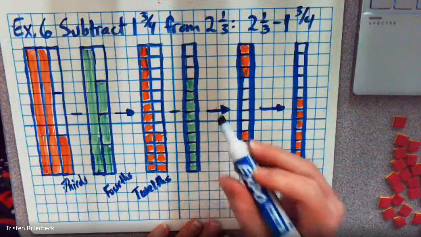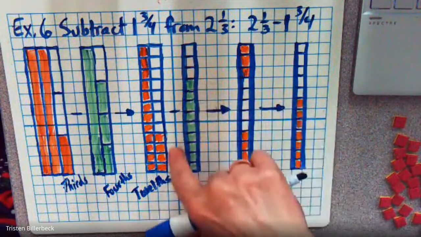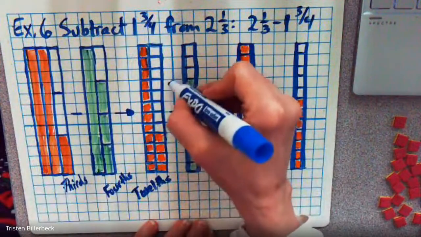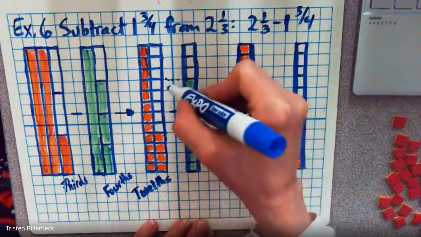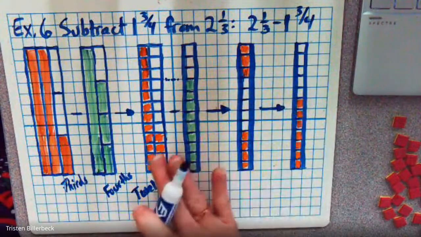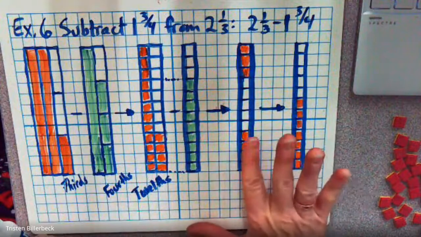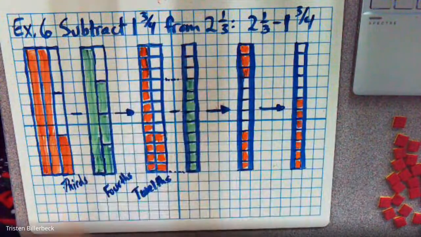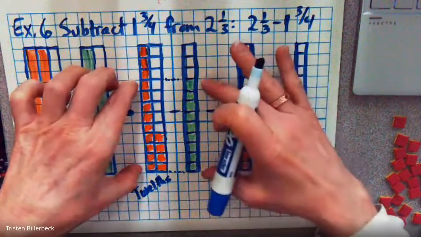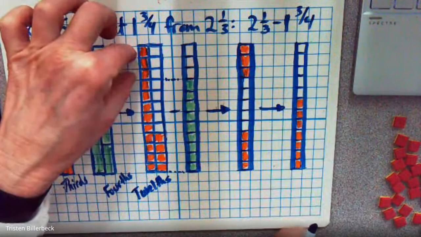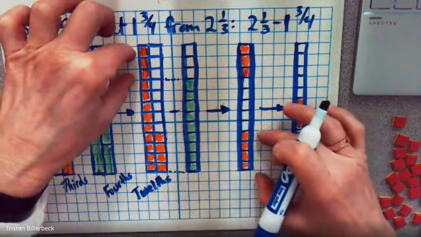Okay, so now I have to subtract this from this. Well, the easiest thing to do is just to take it straight across and forget about these little 4 ones. Let's just store them right here. We're just going to take this first column and subtract this from the first column, leaving these 3 and these 4 right here.